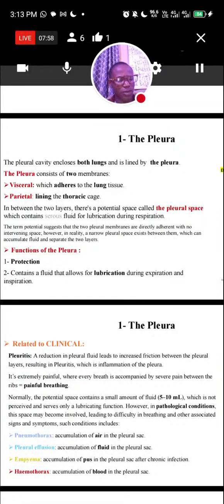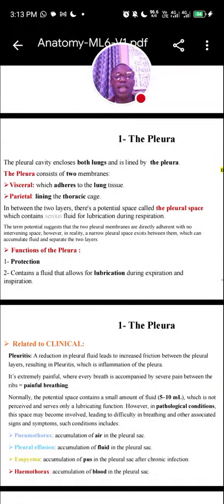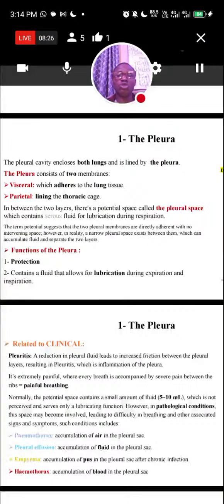It means those layers are directly adherent, that is, they are directly joined with no intervening space. This is a serious internalization session, and I want you to be picking the points as we go.